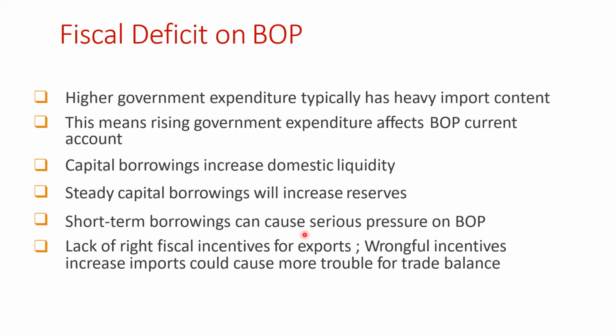Short-term borrowings can cause serious pressure on the BOP, because as soon as you take the borrowings, you have to pay. Now that's the issue in Sri Lanka. Short-term borrowings, mainly these treasury bonds, are short-term borrowings. Maybe we are taking a treasury bond for, let's say, 3 months, 6 months, maybe less than 1 year, that kind of thing.